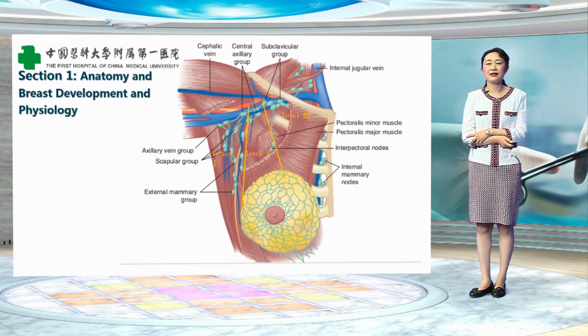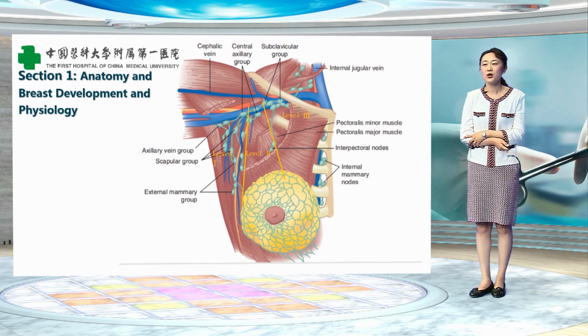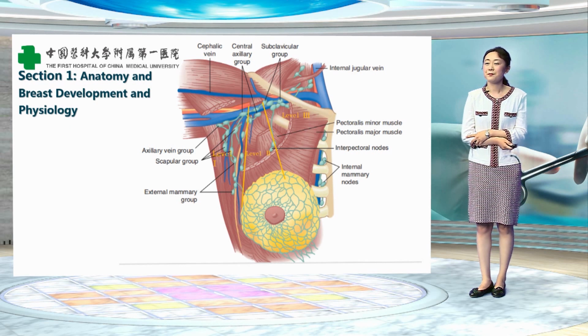There are also additional lymph nodes which do not belong to the axillary lymph nodes, for example the supraclavicular lymph nodes and the internal mammary nodes, which are also seen as the regional lymph node groups of the breast. In a small proportion of people, the internal mammary nodes drain a lot of lymph flow.